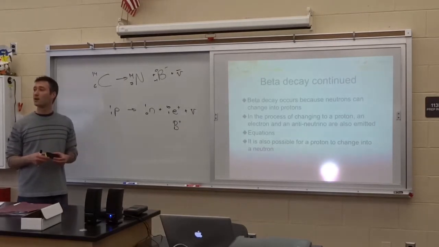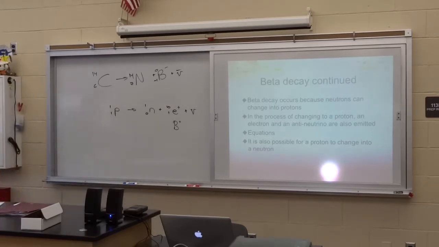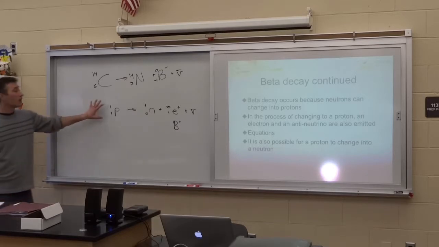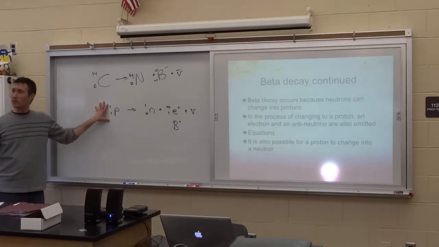Aren't neutrons supposed to be more massive than protons? Yes, I believe so. So then how is that making it less massive? That gets less massive. Maybe that's why this happens less commonly than beta minus decay, right?